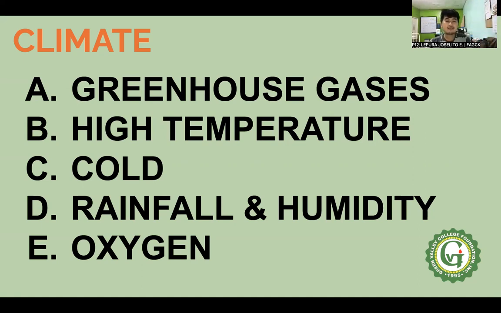At the same time, rainfall and humidity. Na-explain ko na sa inyo about rainfall: rainfall happens because of the increased water vapor. Pag mainit, mas dumadami yung water vapor in the air that results in humidity of the atmosphere na uulan, and that results in your rainfall. Also affected sa climate yung oxygen.